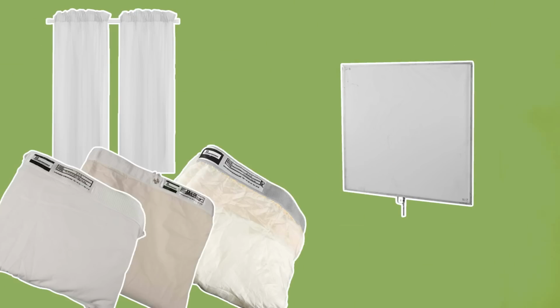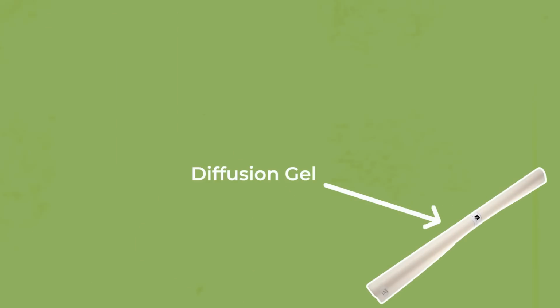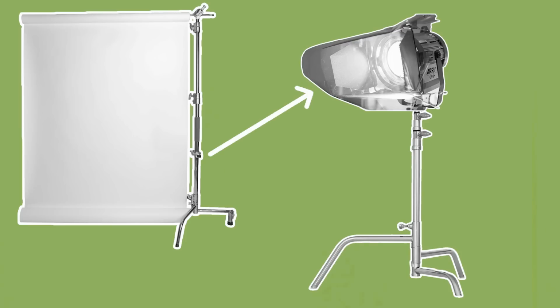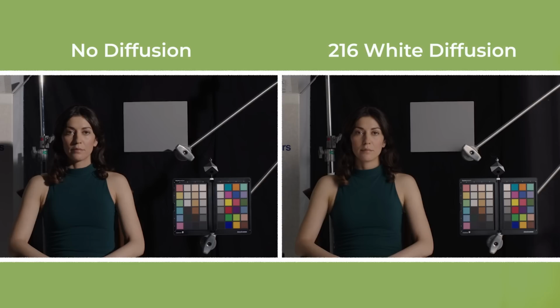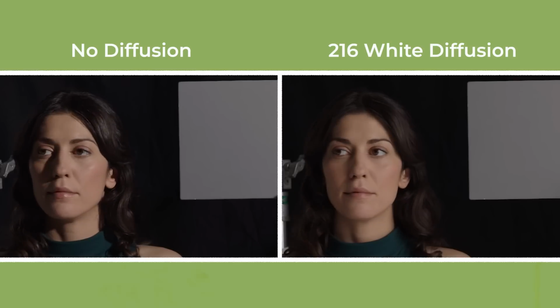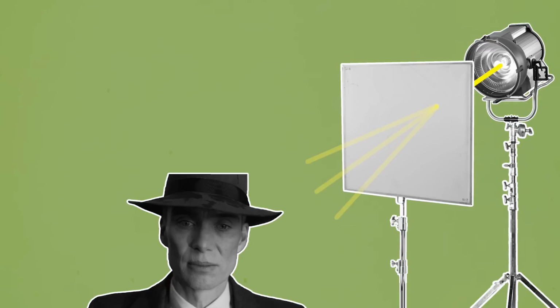There are many different types of diffusion, but perhaps the most basic are diffusion gels, which come in rolls of white polyester plastic that can be cut into a size that can be directly clipped onto the light, or a diffusion frame in front of the light. A popular diffusion gel is a 216 white diffusion from Lee Filters. This greatly spreads and softens the light source, but also takes away a stop and a half of light. The same is true of any diffusion.